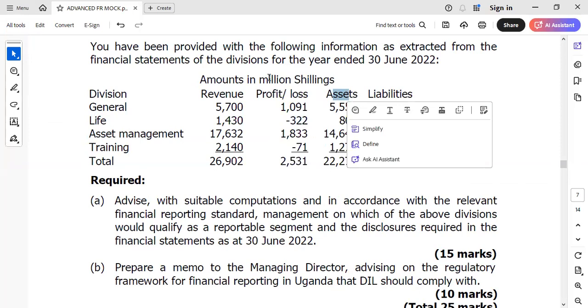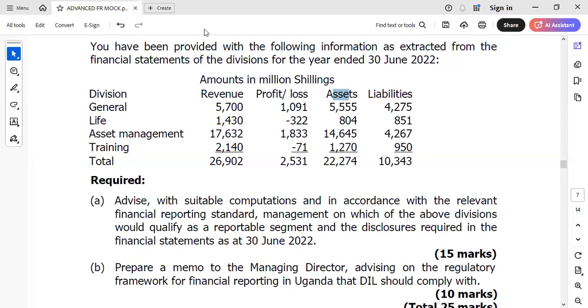Okay. So when you observe, basing on the revenue criteria or parameter, we said that the general and asset qualify. It means that general division qualifies under revenue criteria. Does it qualify under the profit or loss parameter?